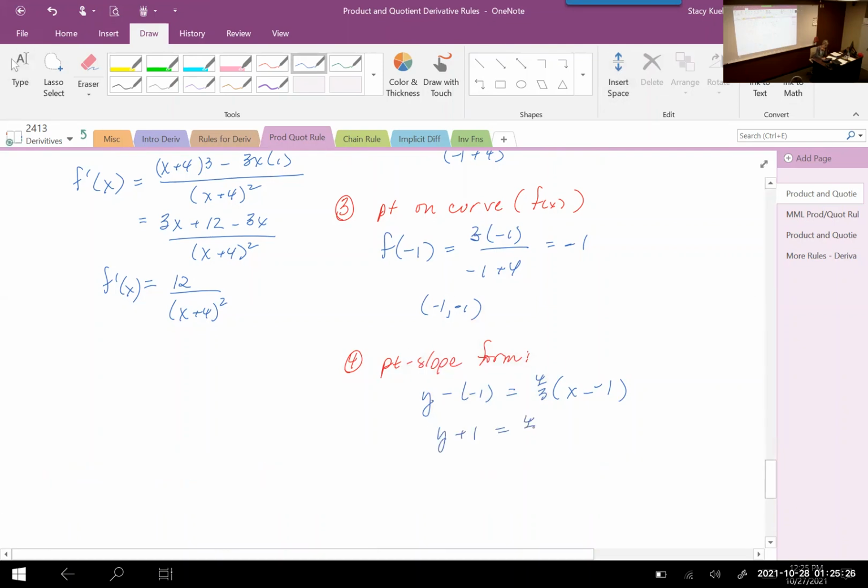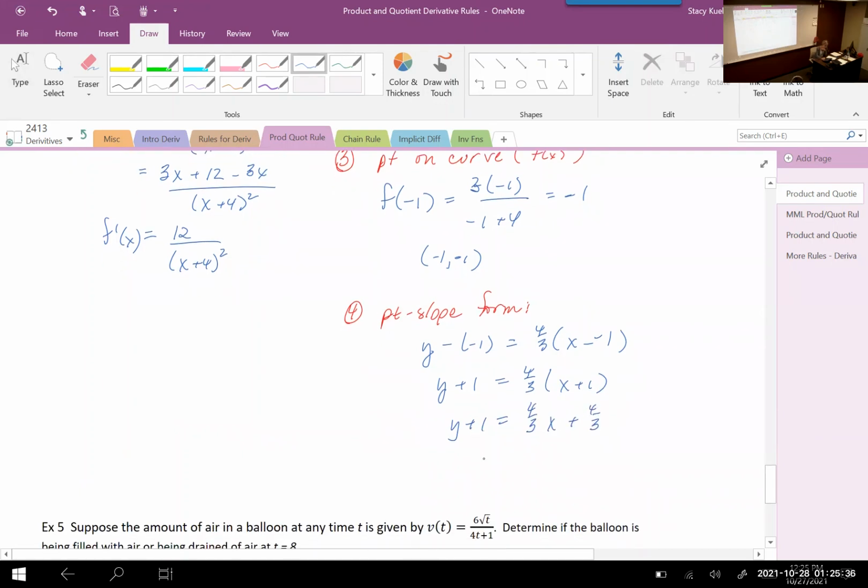Y plus 1 would be 4/3 times x plus 1. Distribute your 4/3 and then subtract 1. And you get y is equal to 4/3 x plus 1/3.